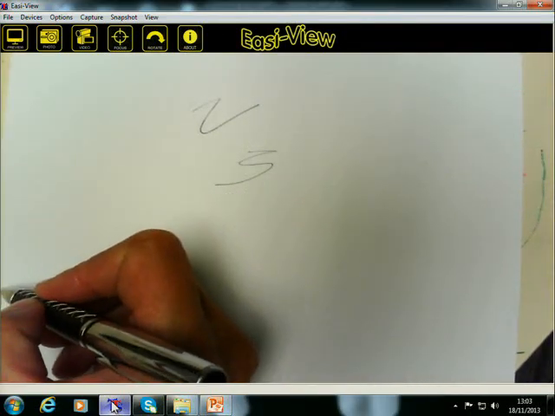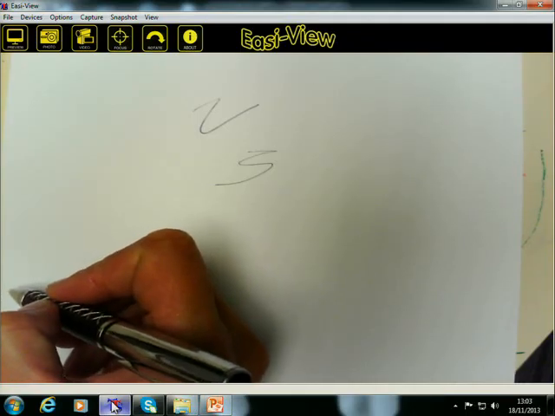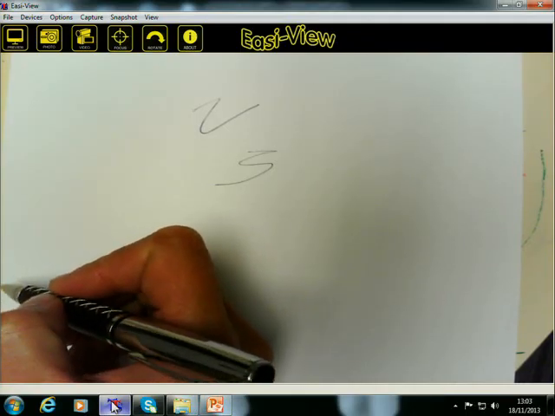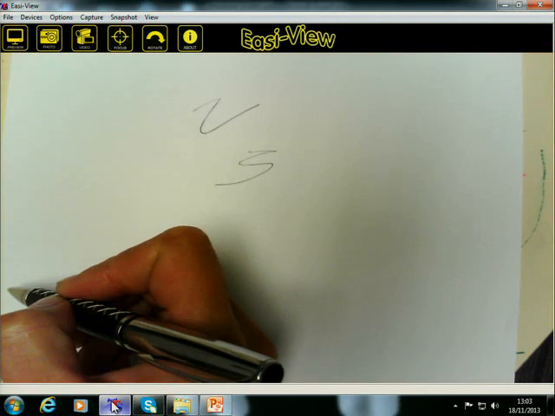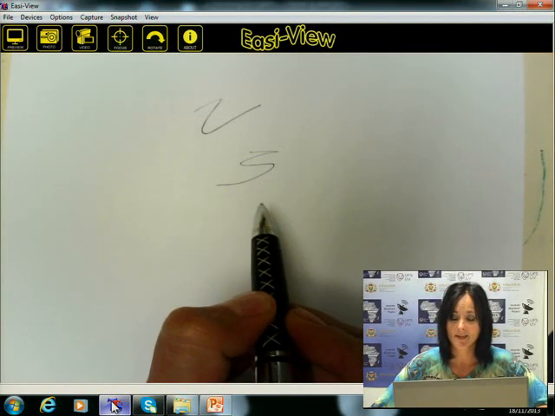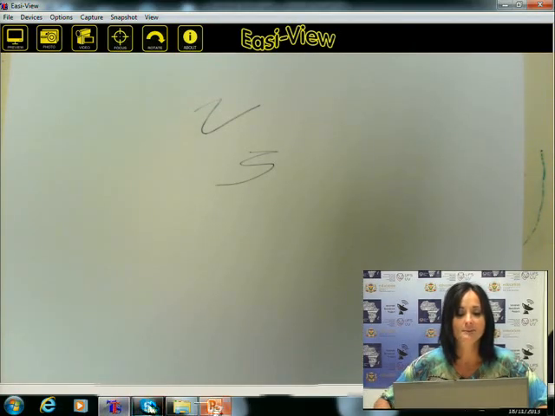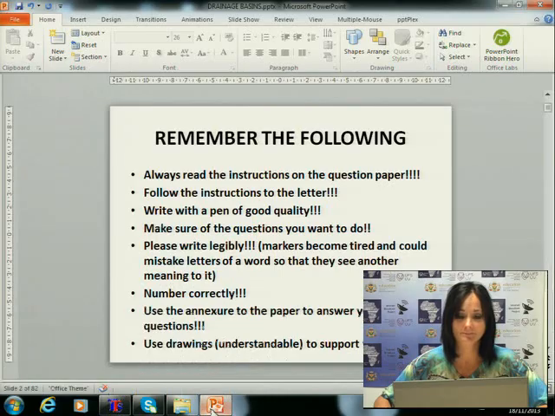To me, that looks like a 3. Believe it or not, about 40% of the papers that I have marked the past few years, that was a 5. So please make sure that you write in such a way that people can read your handwriting.